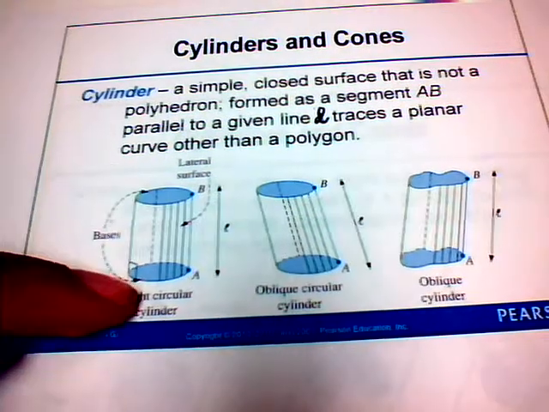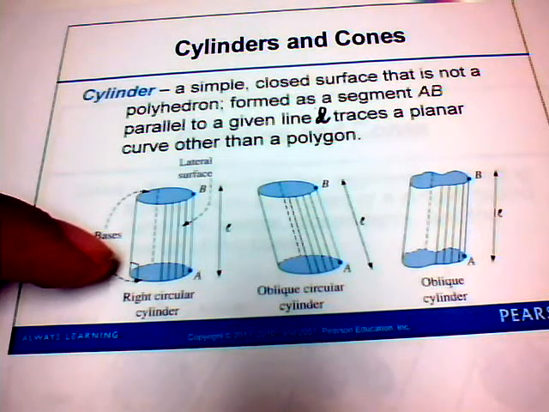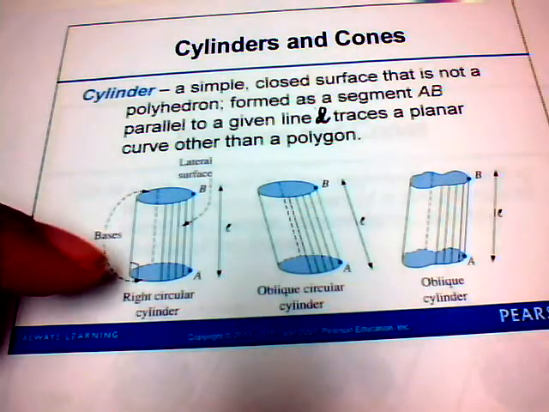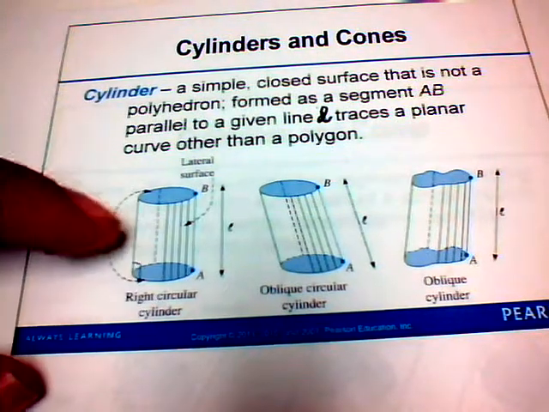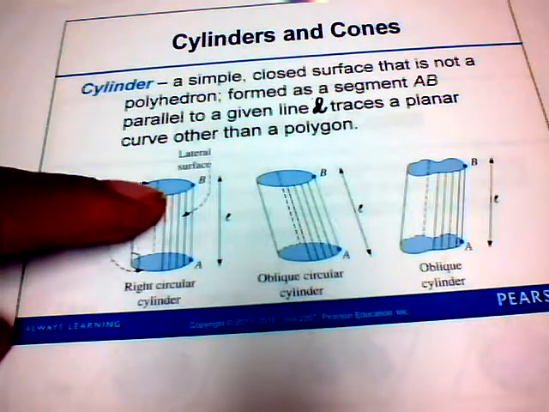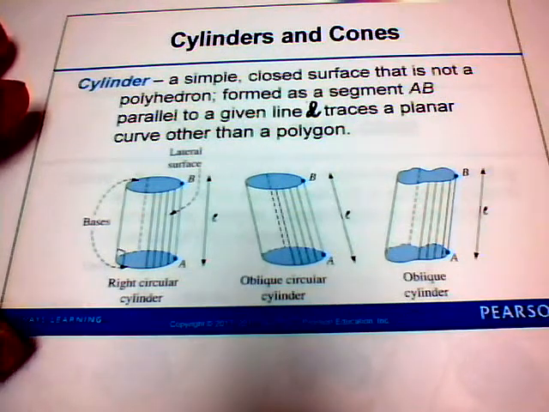Because you have the bases, which are circles, and the face is around the circle, because this covers the entire circle right here. Those are your bases, and this is your lateral surface right there, as you can see.